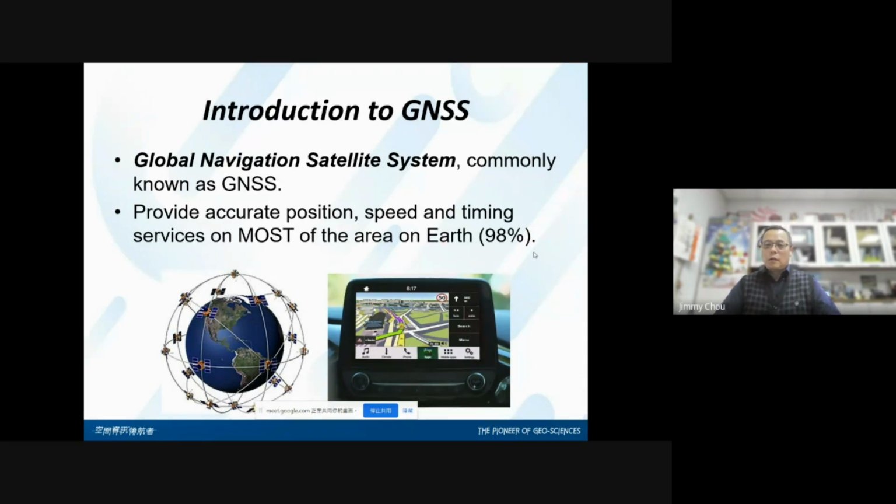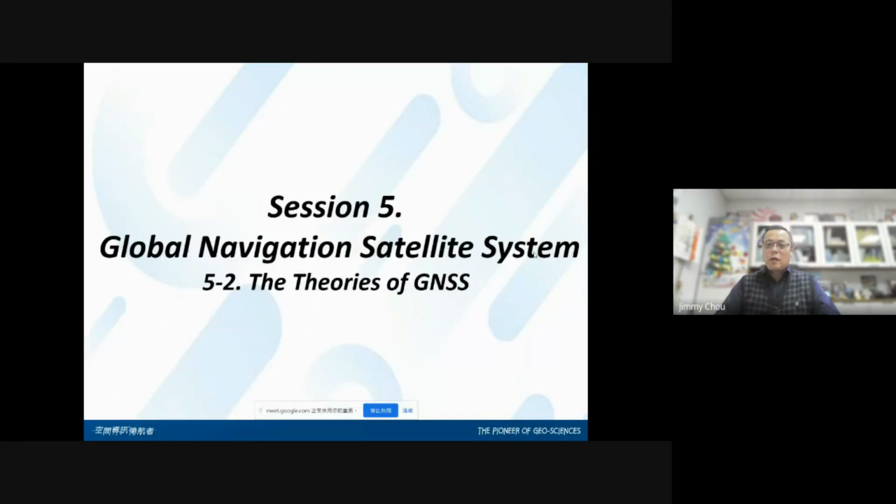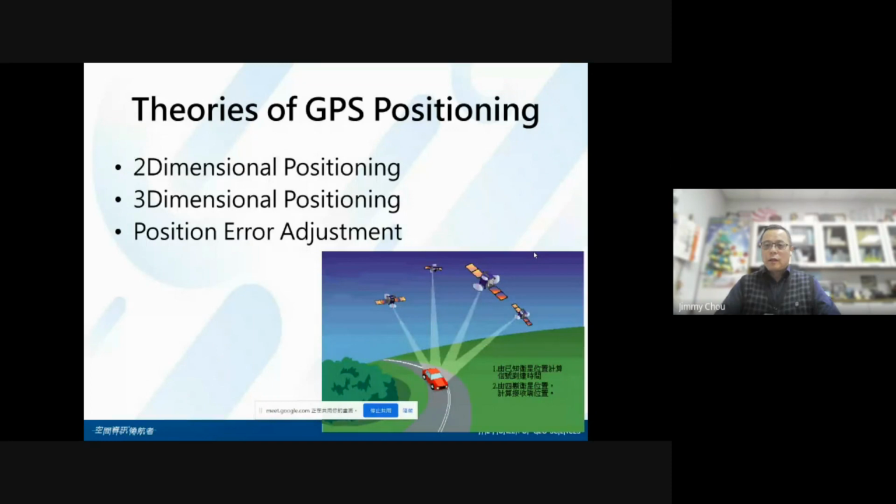So for most areas of the Earth, the satellites will be able to produce a lot of this kind of information. And how the satellite can create the real location or the real coordinates is based on the 2-dimensional and 3-dimensional positioning way.